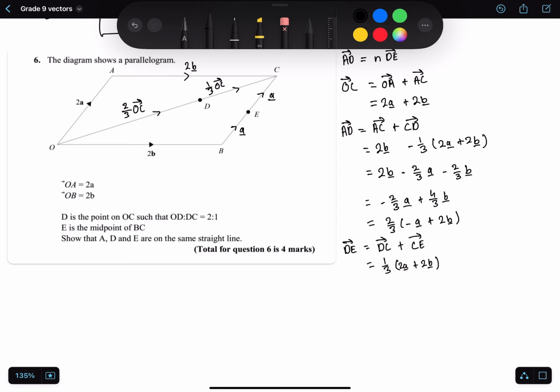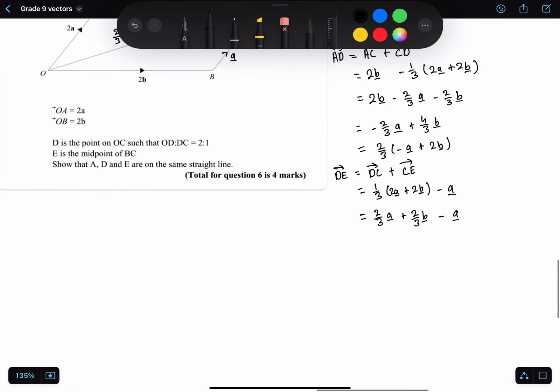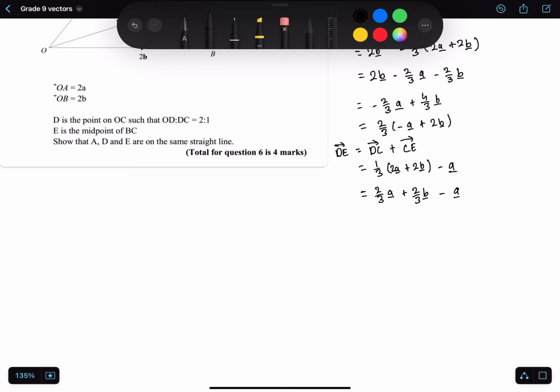And then to go from C to A, it's just minus A. So that equals 2/3 A plus 2/3 B minus A. And because that A is just 3 over 3A, we can do 2/3 minus 3 over 3, so minus 1/3 A, plus 2/3 B. And again, we can take out that factor of 1/3: minus A plus 2B.